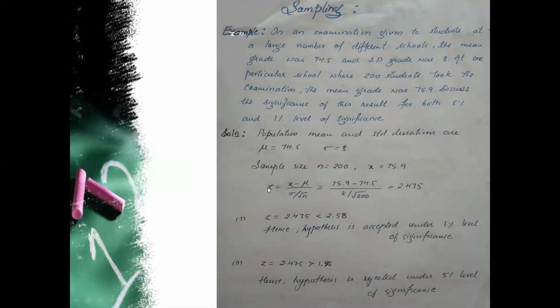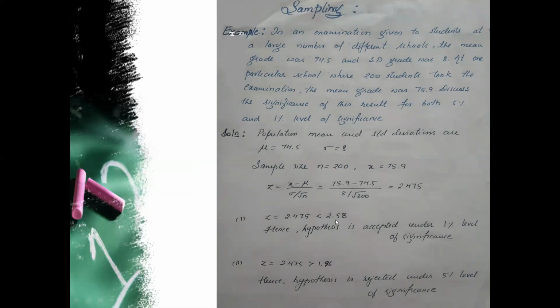Now go for the formula z equals x minus mu divided by sigma by root n. Substitute the values of x, mu, sigma and n here. Correspondingly we will get the value of z as 2.475, which is less than 2.58.